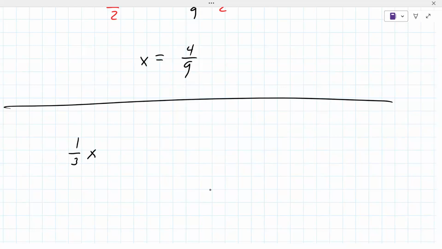Okay, let's try another one before we move to some decimals. Let's say it's 1/3 x plus 2 1/6 equals 3 2/3.